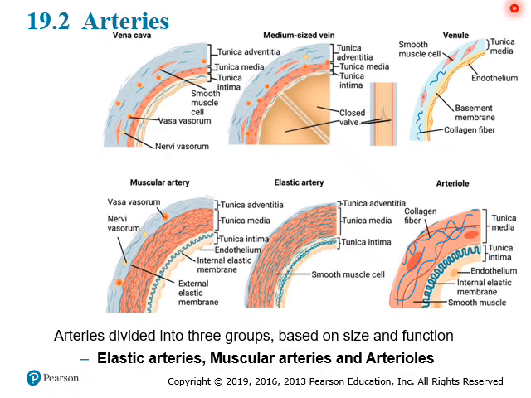They're also called the resistance arteries because they change in diameter and thereby change resistance to blood flow as well. The arterioles lead to the capillary beds.